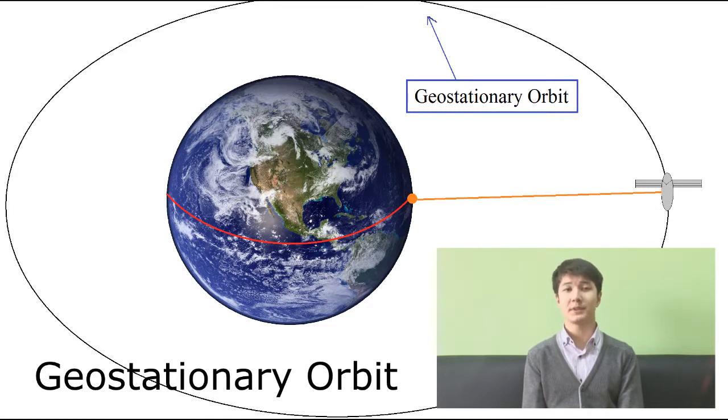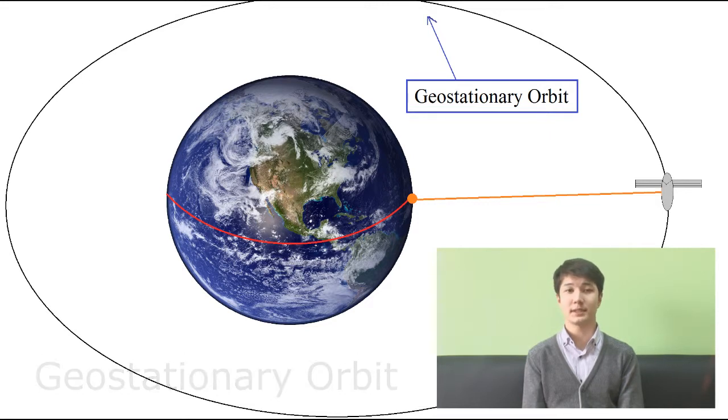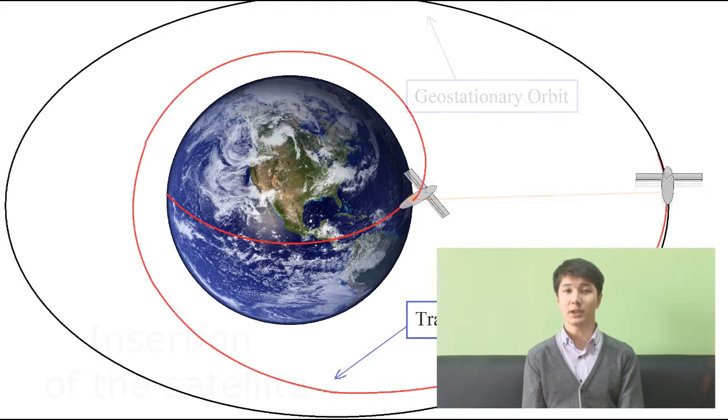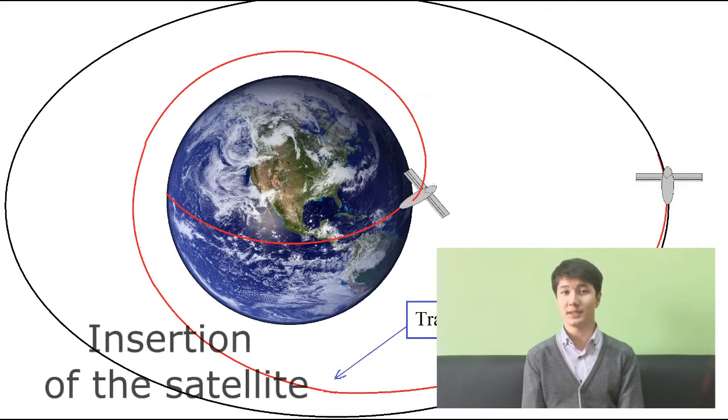According to professors of Khrunichev State Research and Production Center, the insertion of the satellite occurs in the following order. The satellite is first located on the equator line, at the certain point above which the satellite will be. Then the satellite is launched into space.